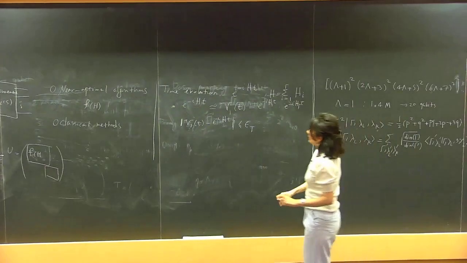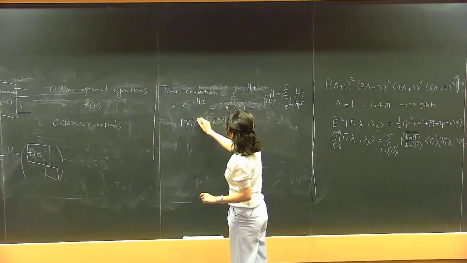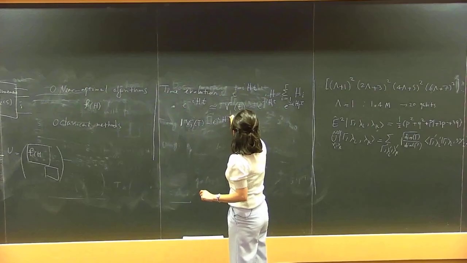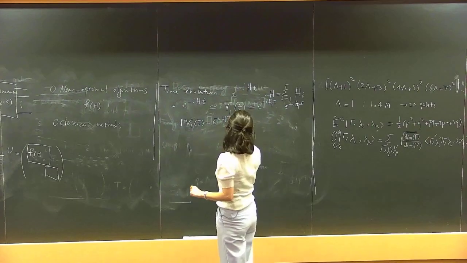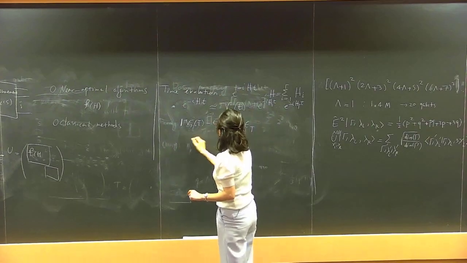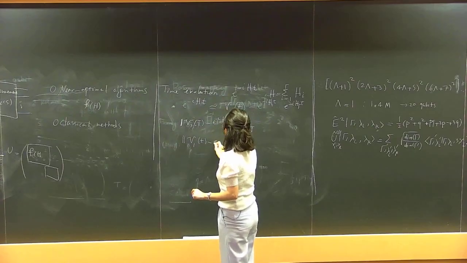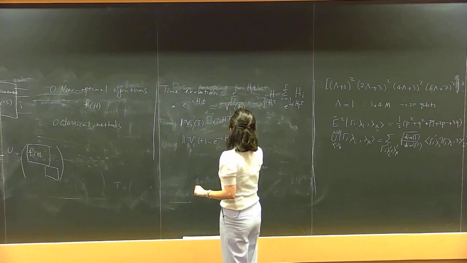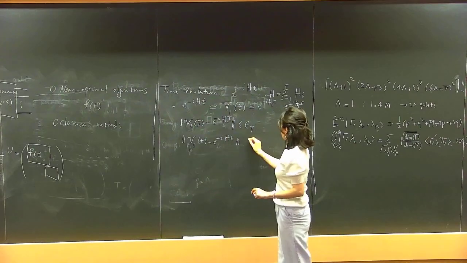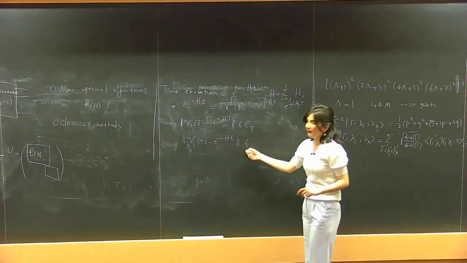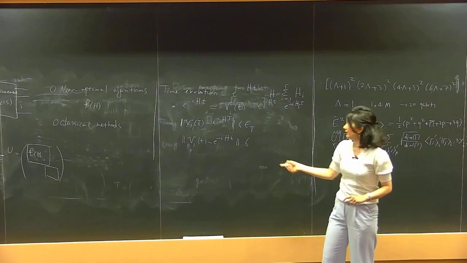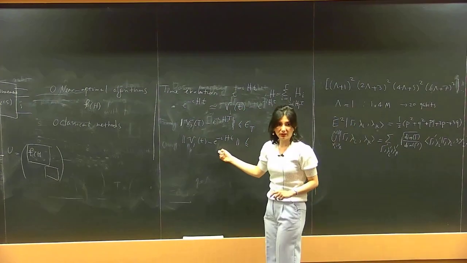Okay? So for example, if I'm interested in simulation for big time t, then what that means is that I have to find for smaller steps what this is. And in fact, people have found tight bounds on what the error associated with these product formulas are.